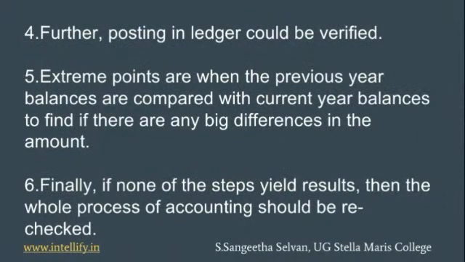So they check the previous year balances and current year balances. Finally, if none of the steps yield results, then the whole process of accounting should be rechecked. That is, the journal, the ledger, the trial balance, the recording of transactions, the posting in the ledger, everything should be rechecked thoroughly.